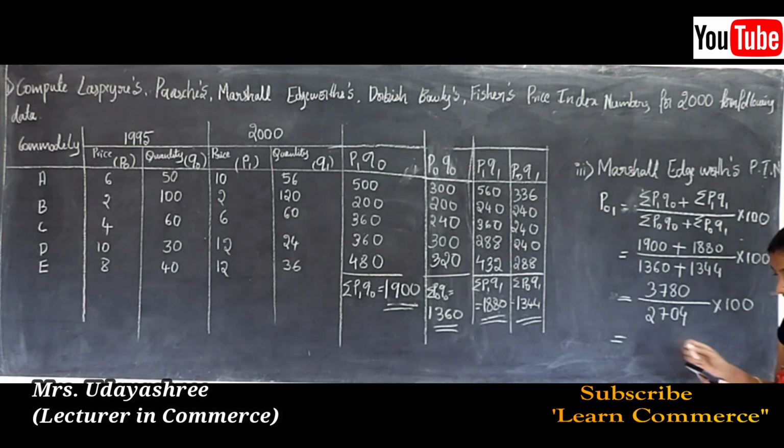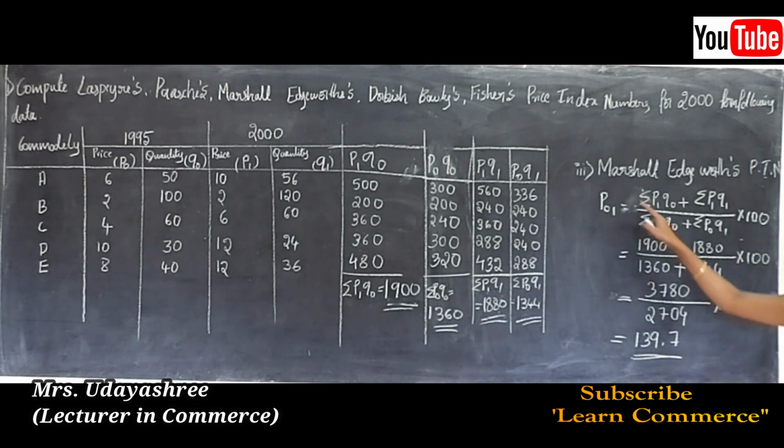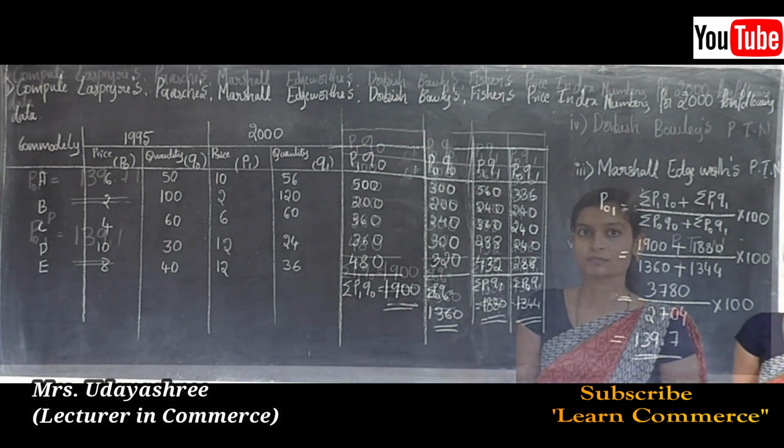Then final answer is 3780 divided by 2704 into 100. The answer is 139.7. This is the calculated answer of Marshall Edgeworth price index number.